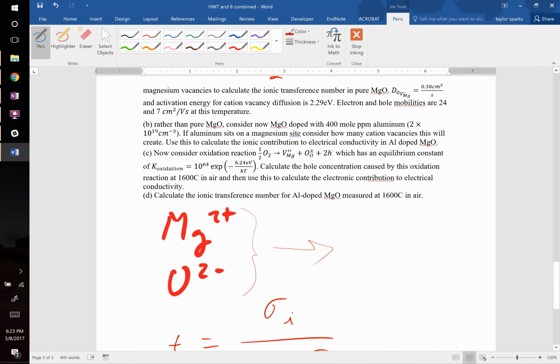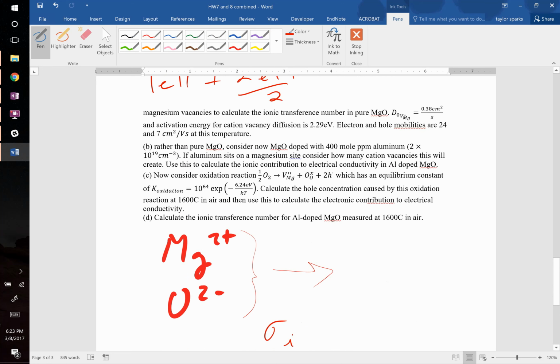So then it asks the next part. Now consider the oxidation reaction given there, right? You start out with oxygen gas, and then you've got these vacancies with oxygen gas. What used to be a vacancy gets filled with this oxygen gas, but for charge neutrality, the only way that can happen is by creating extra holes.